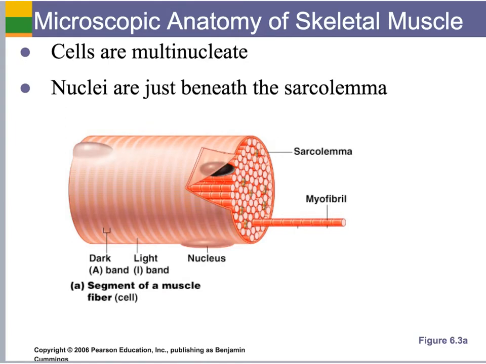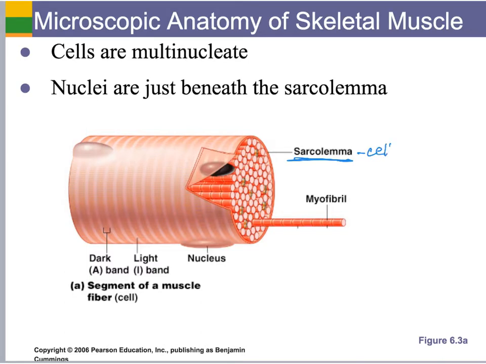So here's our muscle fiber, and you can see that inside the muscle fiber there's even more. They look like fibers, but they're called myofibrils. But let's look at the muscle fiber, and the outside of the muscle fiber is called the sarcolemma. And so the sarcolemma, remember, is the membrane.